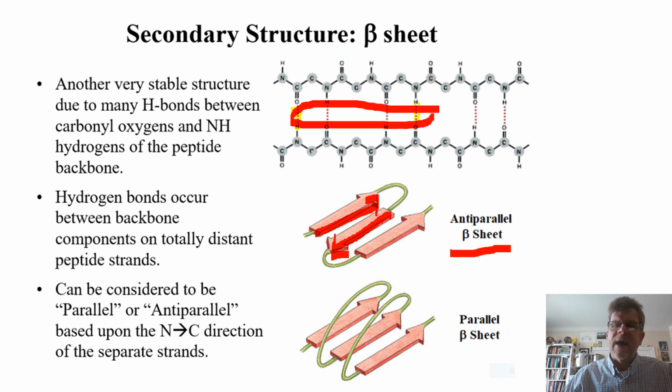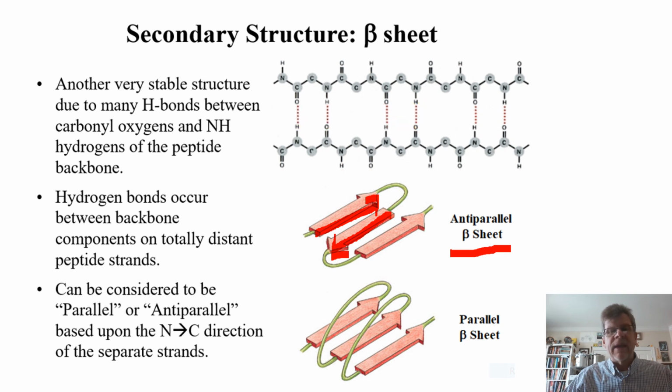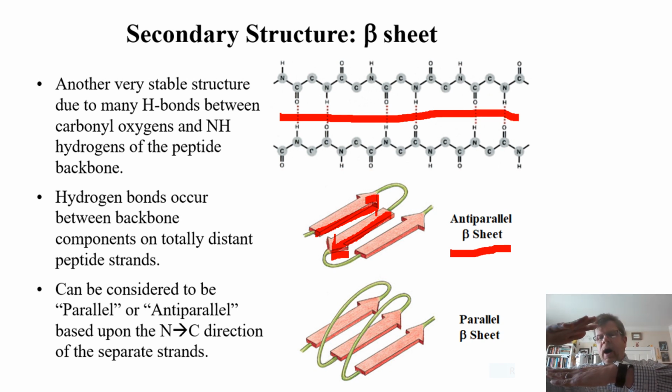So in this case, we would have a parallel beta sheet. Both of them, in fact, do allow for these very nice hydrogen bonds happening, but does it happen in opposite directions, or does it happen in the same direction? That is the difference between parallel and anti-parallel beta sheets.